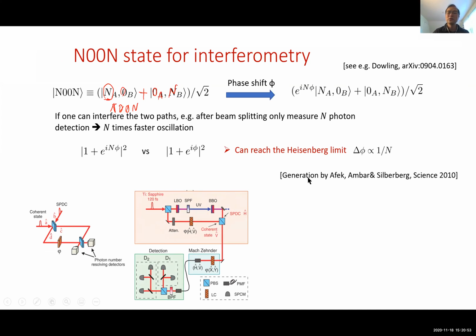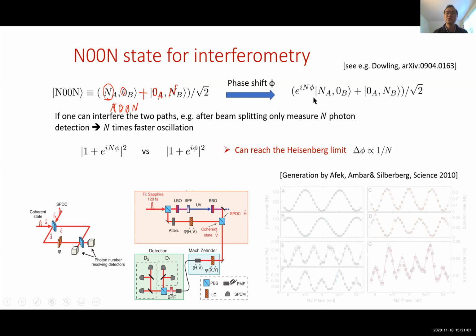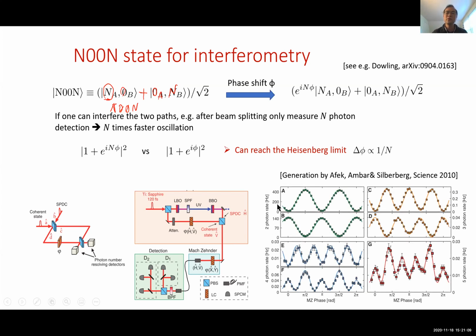If you're interested, you can refer to this paper for how they create this in detail and how they detect as well. But I want to show you the oscillation when they change the phase and observe the interference. If you have two photons, the horizontal axis is the phase, we call it the Mach-Zehnder phase. This is phi.